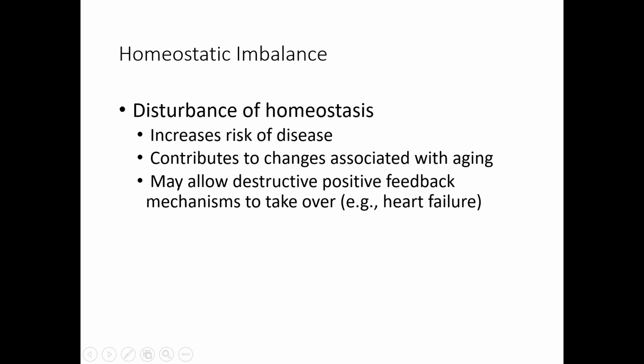That's why older people more often get sick compared with young people, on average, of course. And it also may allow destructive positive feedback mechanisms to take over. So sometimes we cannot recover from the disease. Our homeostasis will not return back to normal, and it can cause very serious complications like heart failure and even death.